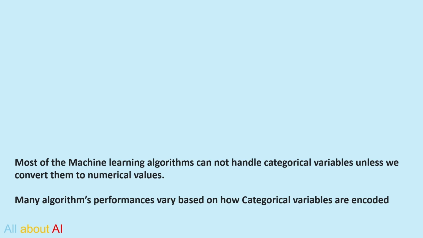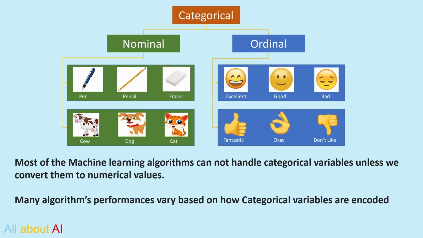Why do we need categorical variable encoding? If you remember, there are two types of categorical variables. One is nominal, where there is no particular order, just like the example here: pen, pencil, eraser, or cow, dog, cat. None of them have any specific order. And the other category of categorical variables are ordinal variables because they have some kind of order in it.